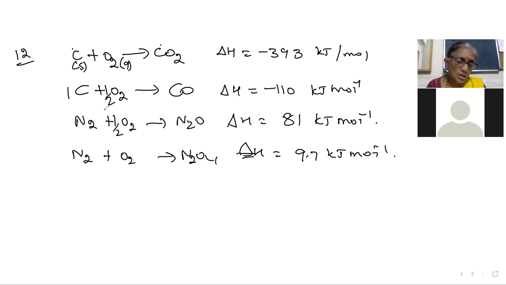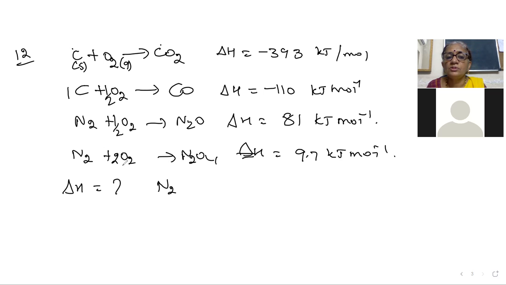Got it? Now, what are they asking? Calculate the del H for the given reaction. We have to balance this equation also. N2, here also 2, here also 2, balanced.